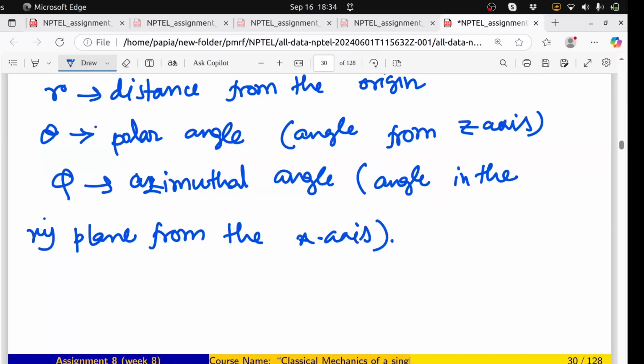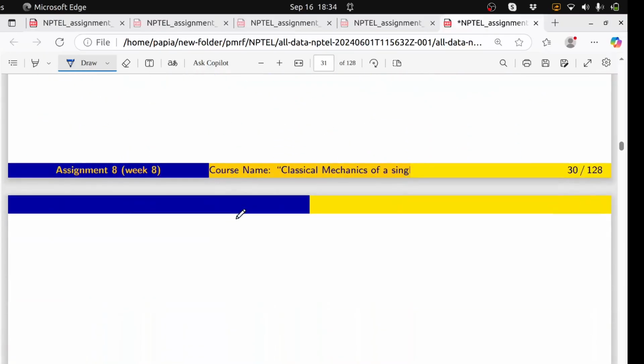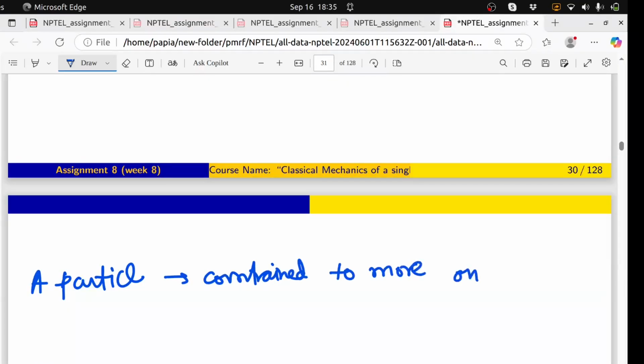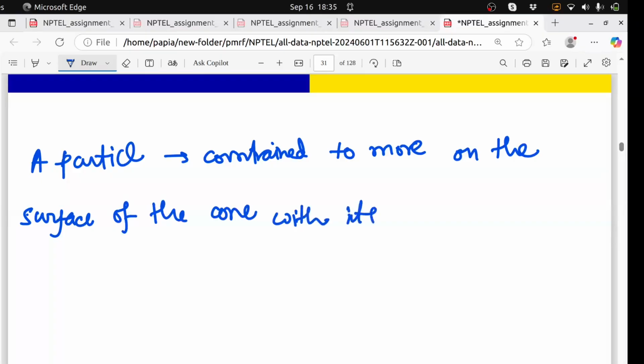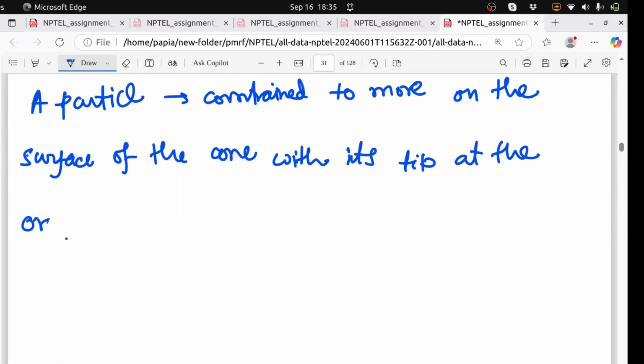Now coming to the constraint, they are telling us that a particle is constrained to move on the surface of a cone with its tip at the origin.